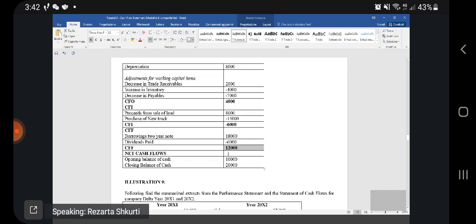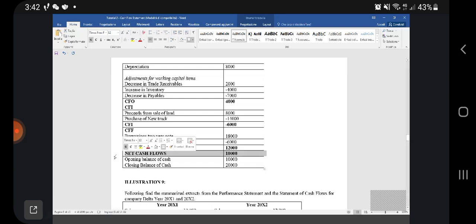This is the net cash flows, the total sum of the three sections: cash flows from operations, investing, and financing. Over here, it's 10,000. You can easily see that it matches the difference between opening and closing balance in cash. This means we have an increase in the balance of cash from 10,000 in the beginning to 20,000 at the end.